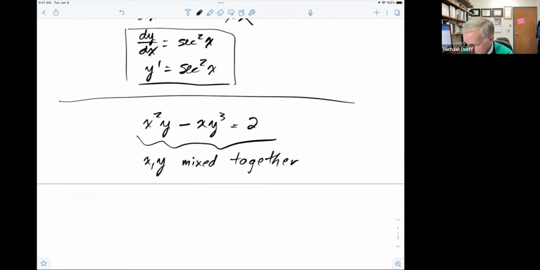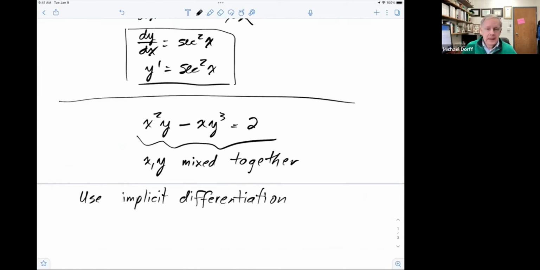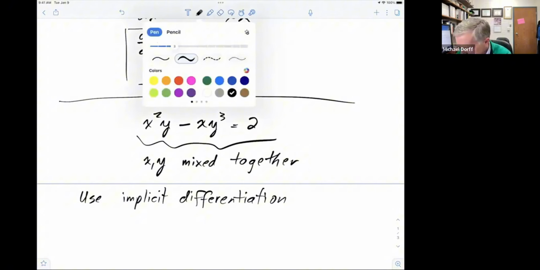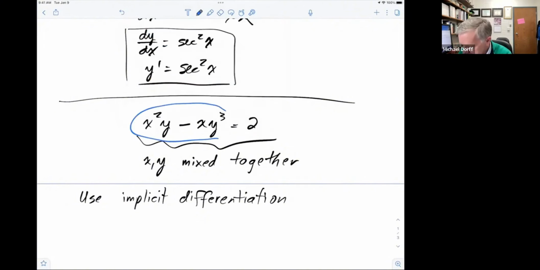So to do this, we'll use a technique called implicit differentiation. Whenever we say implicit differentiation, that means we're going to be taking derivatives where the x's and y's are mixed together. Like in this example here, which I color in blue.